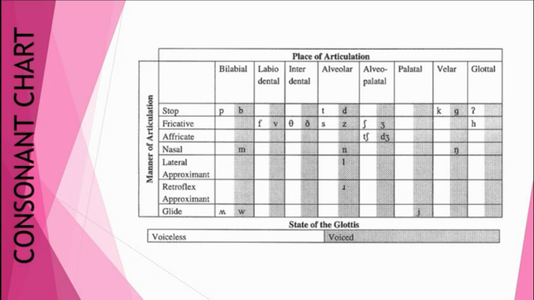For B, you would have stop or plosive, bilabial, voiced sound. Then let's pick another set. We have F and V. For F, we have a fricative, labiodental, voiceless sound. And then for V, we have fricative, labiodental, voiced sound.